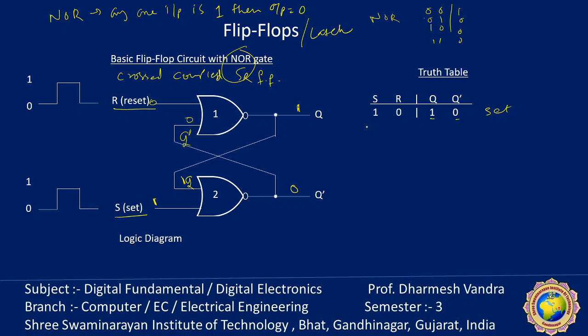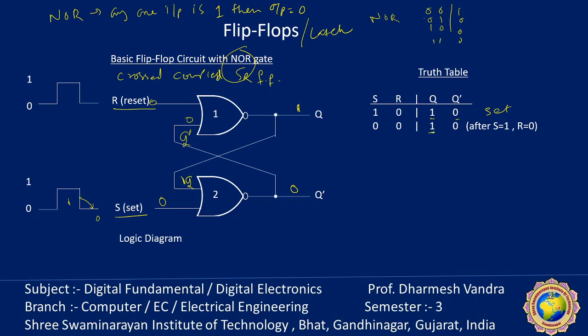Now, after the same state, set changes from 1 to 0. What happens in this condition? If set is changed to 0 here, but already Q is 1, so 1, 0, the result is 0, and this 0, 0, the result is 1.